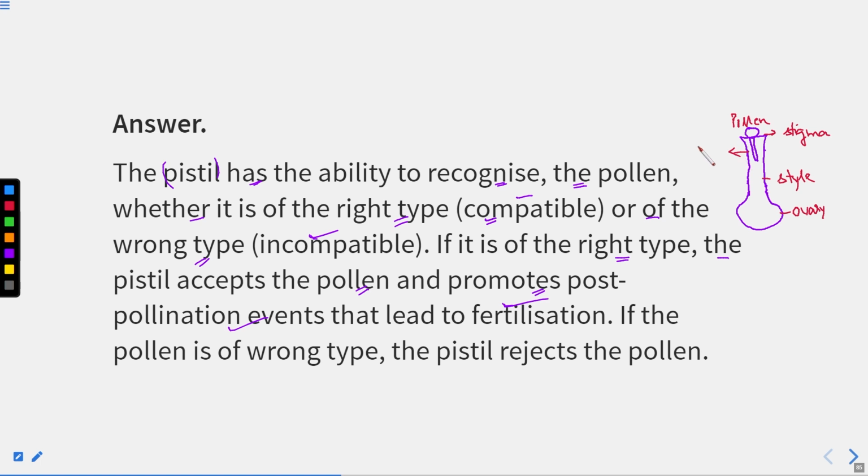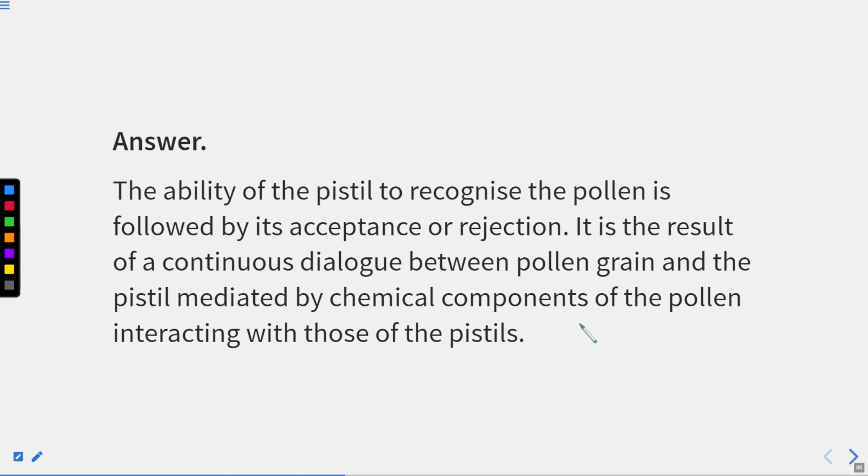This is the pollen tube, which will carry the two male gametes, which will fertilize the egg cell present in the embryo sac. Now, if the pollen is of the wrong type, if the pollen is incompatible, the pistil will reject the pollen. Clear?